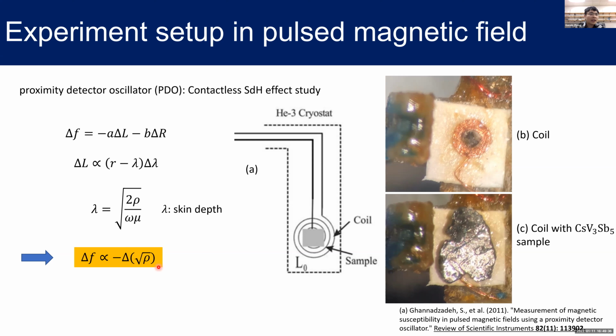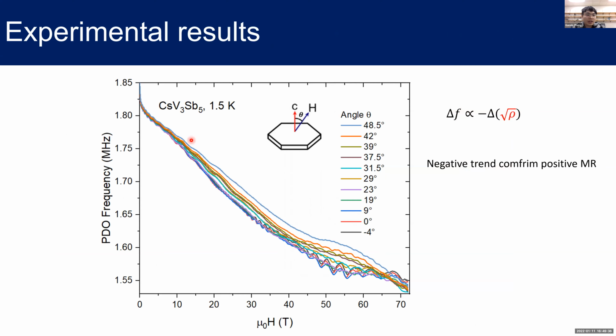So we did this. This is our experimental result. This is the PDO frequency versus the magnetic field. You can see we measured up to 72 Tesla, which is a very high magnetic field. And here the definition for the angle is between the c-axis and the magnetic field H. You can clearly see the quantum oscillation here.